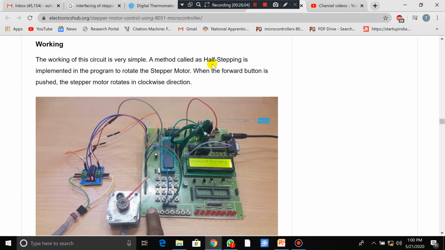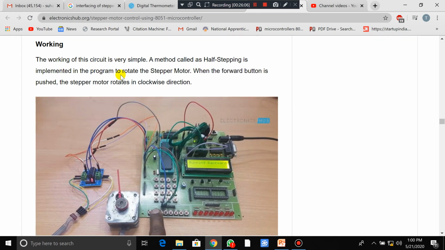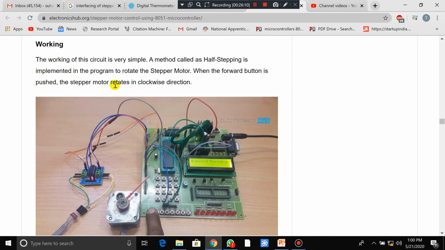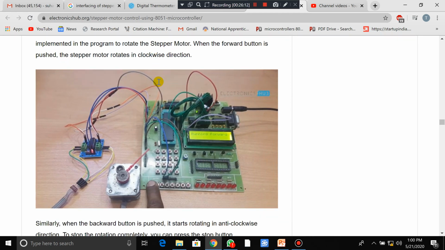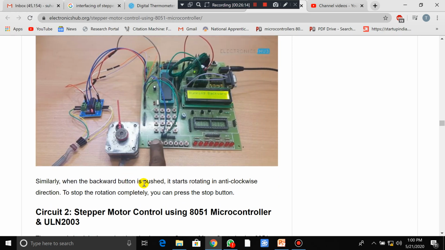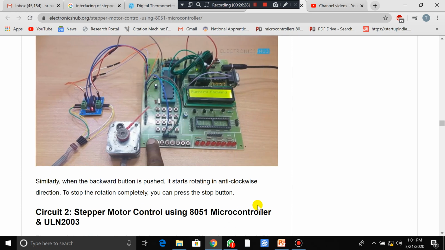The method called stepping is implemented in the program for the stepper motor. When the forward button is pushed, the stepper motor rotates clockwise. If the reverse button is pushed, it starts rotating anti-clockwise. To stop the rotation completely, you can press the stop button. That means they are programmed in such a way that for each button, the stepper motor performs a specific operation.